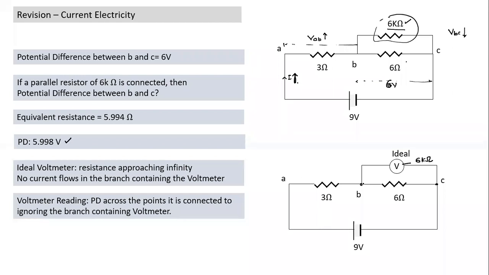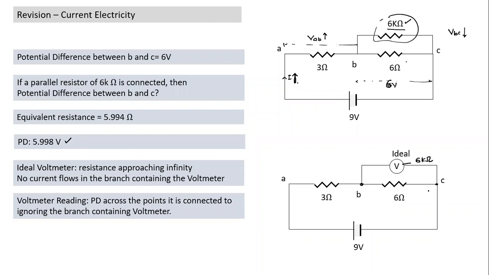So even if the voltmeter is a non-ideal one, it always measures the true value of potential difference across the points it is connected to. It still measures the true value. Okay, but the true value may not be the same as the potential difference before the voltmeter was connected.